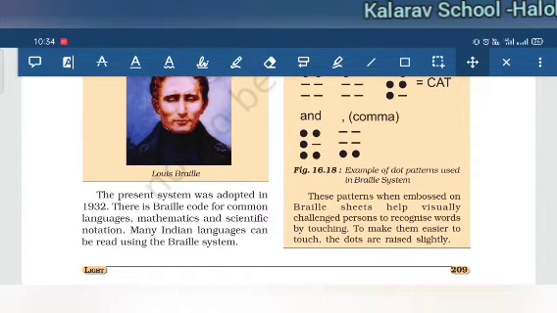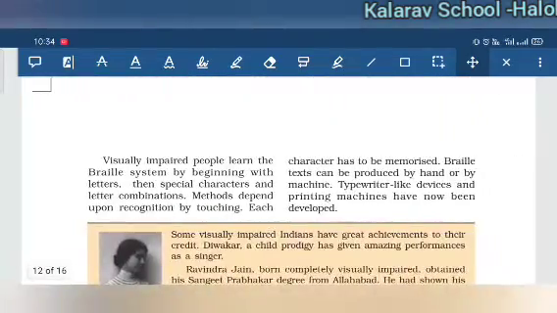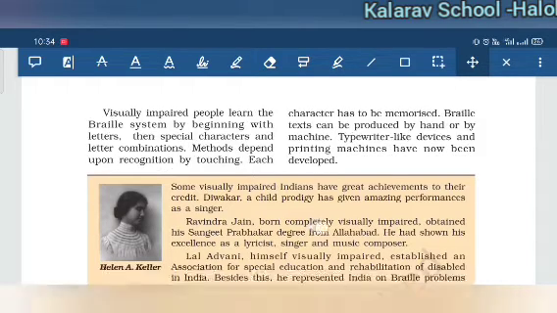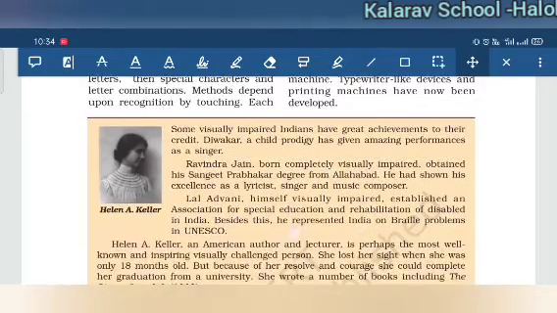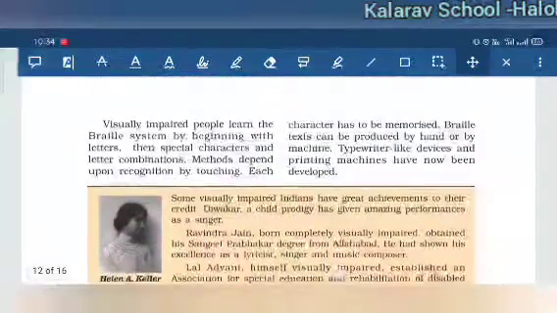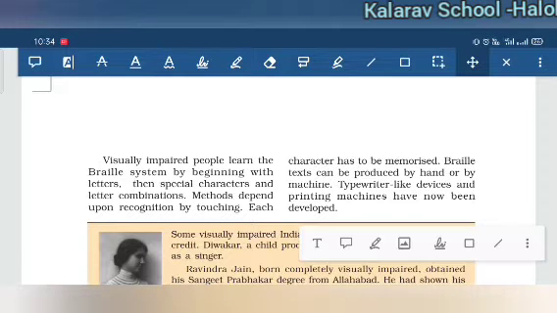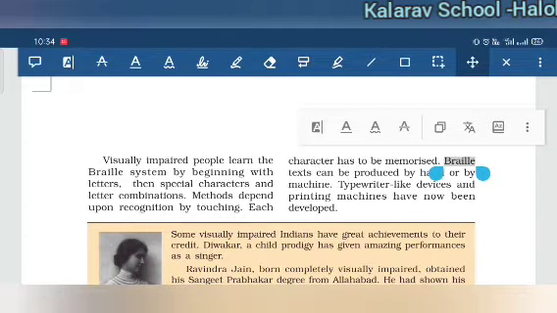In this way there is a pattern which helps a visually challenged person to do their work. Visually impaired people learn the Braille system by beginning with letters, then special characters and letter combinations. They can be recognized by touching the letter. Braille text can be produced by hand or by machine.